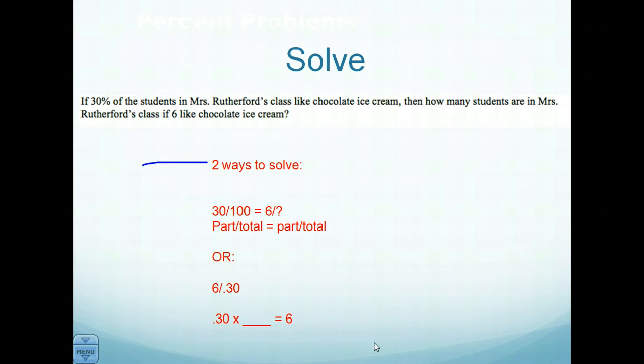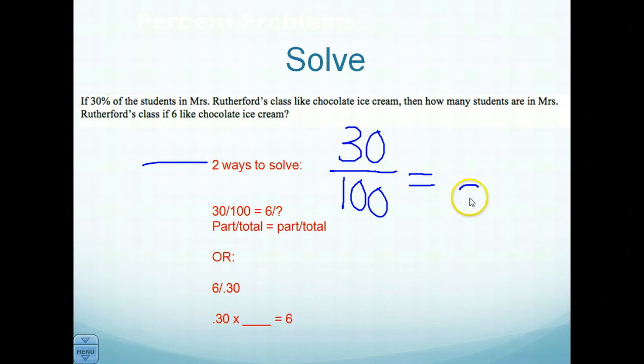You can create equivalent fractions where 30 over 100, because 30% is out of 100, it's always a base of 100, equals 6 over the total students. We don't know the total, which is the base, but we know that 6 kids like the chocolate ice cream, which is equivalent to 30% of the total students.